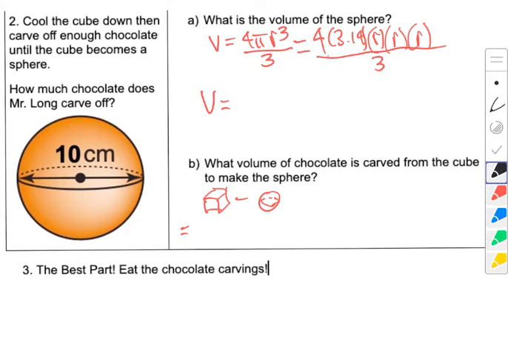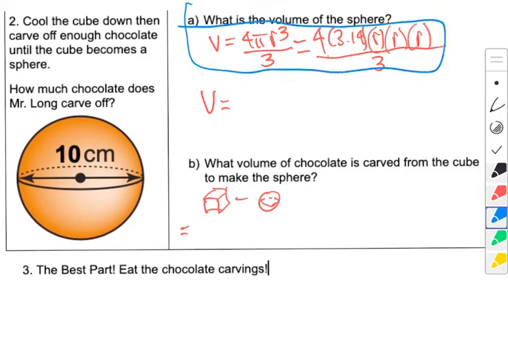So this is the main part of your learning for today, and that's using this formula right here. 4 pi r cubed divided by 3 gives you the volume or the space or the capacity of a sphere, something like a balloon or a soccer ball.